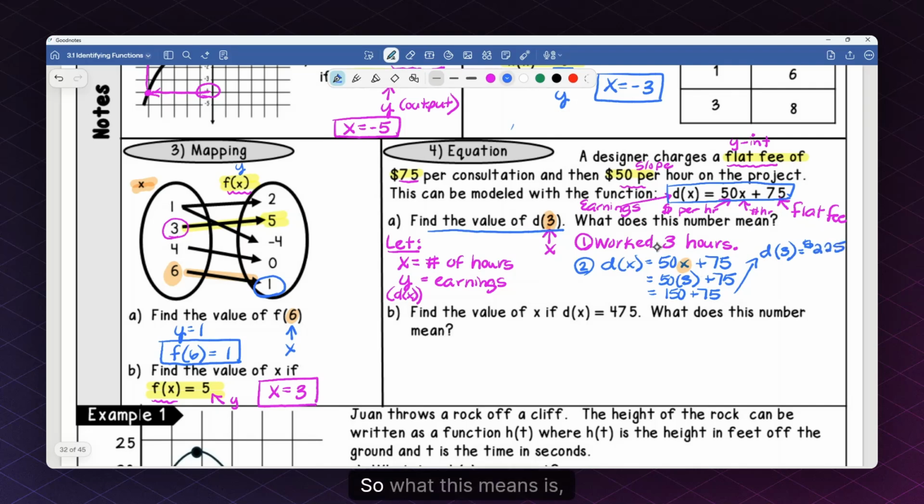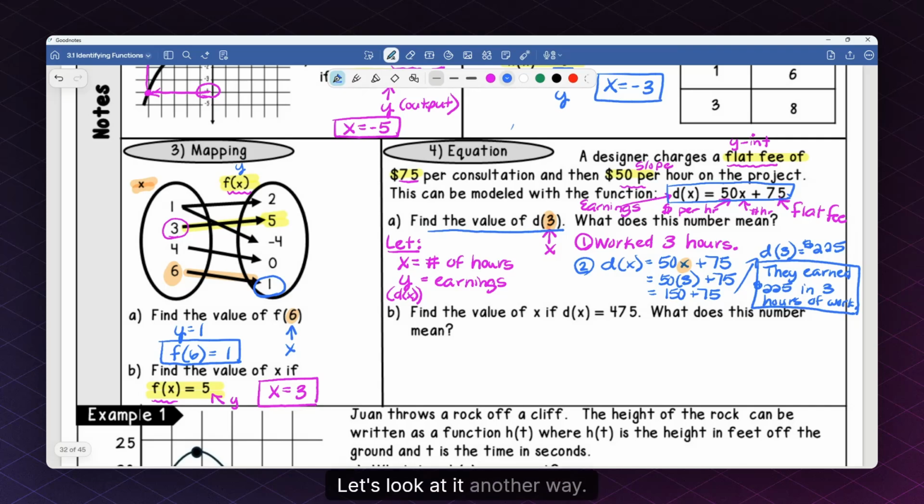What this means is that they earned $225 in 3 hours of work. It's a good gig if you can get it, huh? More than a teacher makes. There you go.